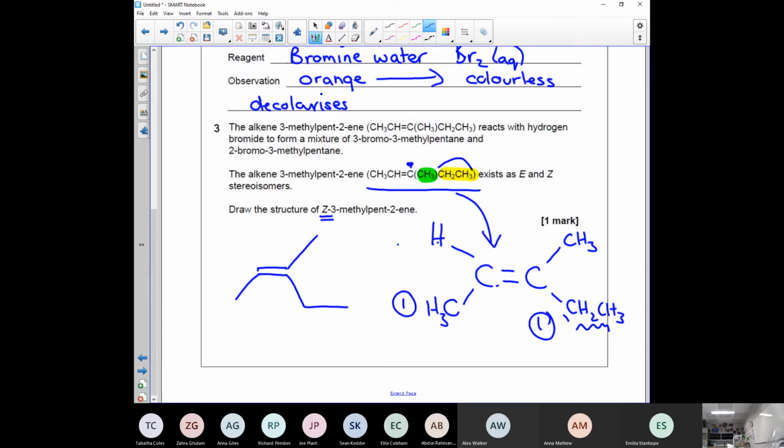So obviously we've got nothing over here because when you draw skeletal you don't draw the hydrogens. I've got a methyl going down, which matches what's over here, and I've got an ethyl over here, which matches over there, and the methyl going up. And again, you can draw it the other way around as well, with the ethyl and the methyl on the top, and then the methyl at the bottom.